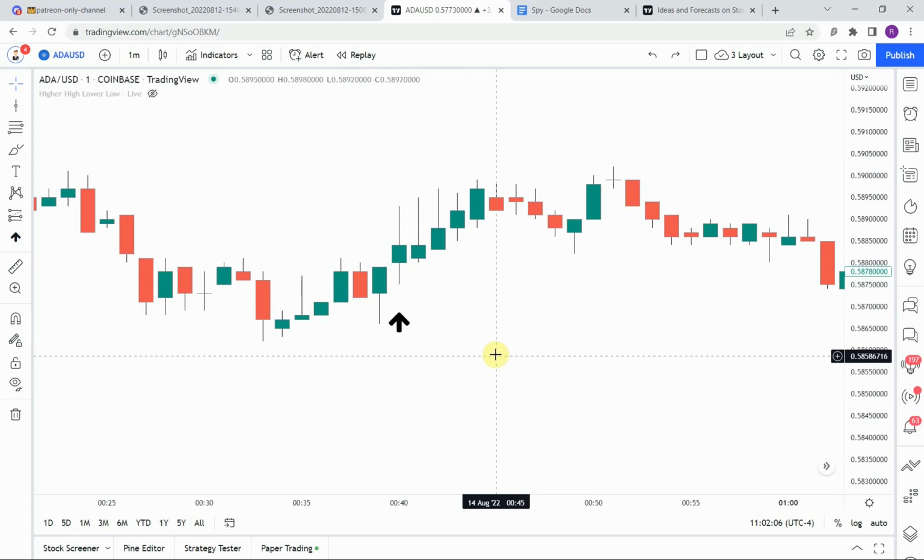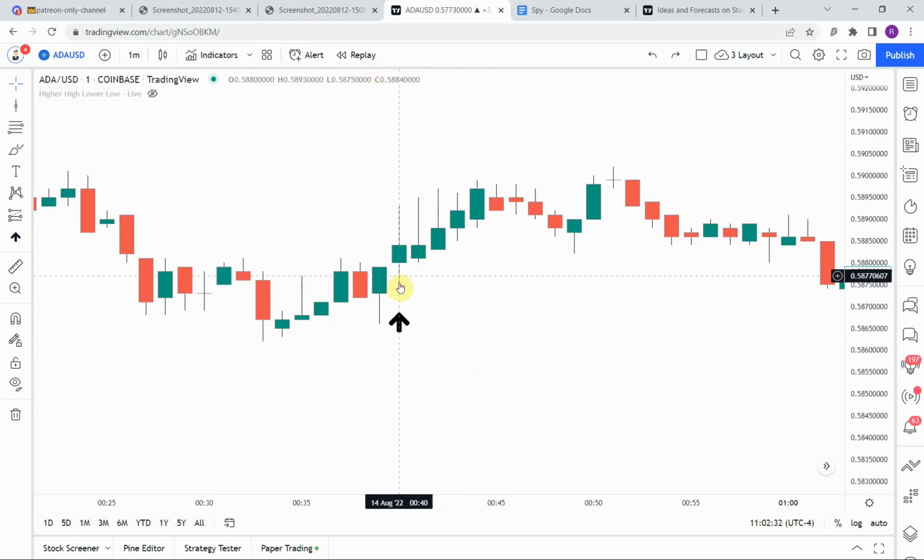The first thing that we have is the open of the candle. In this particular case, because the candle is green, the candle did open and close above. If we hover over the candle, we can see our coordinates right here in these numbers. It tells us the open, the high, the low, and the close of the candle.